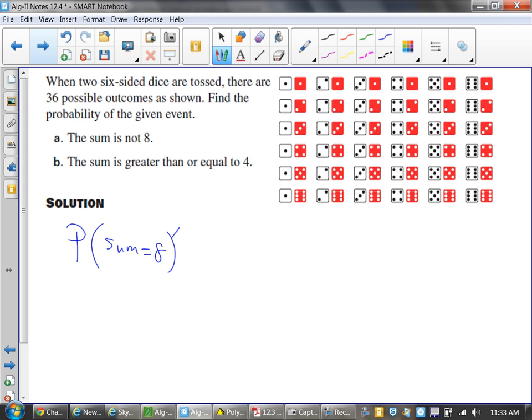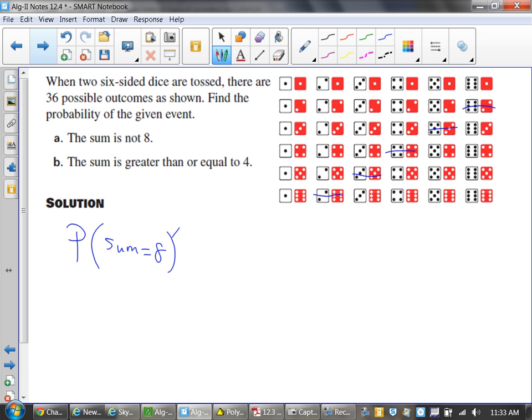What I mean here is if I go through those 36 possibilities, the sum equaling 8 would be 1, 2, 3, 4, 5 of them. Do you agree?